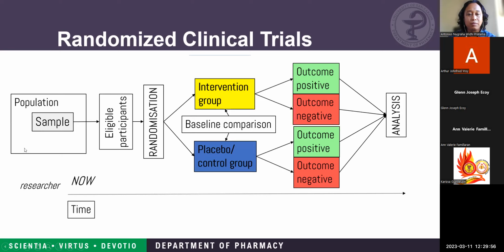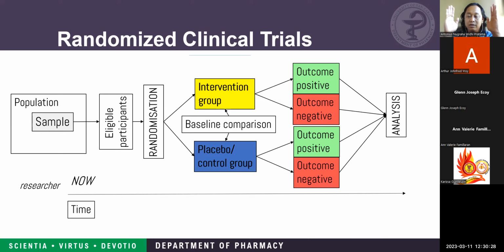So for the population, we take a sample and we select the eligible participants. Usually the eligibility criteria are quite strict, because this is expensive and, like what I said before, we do not want some factors that are confounders that cannot be controlled.